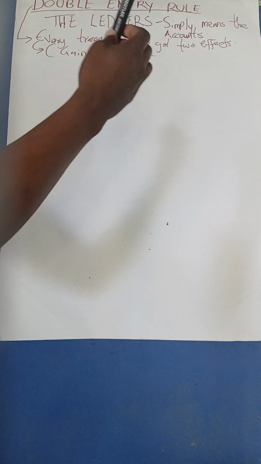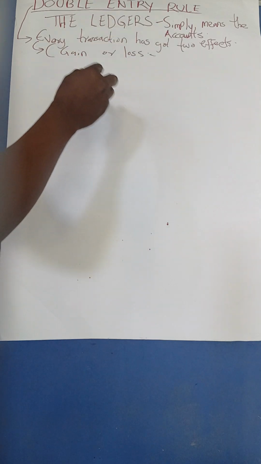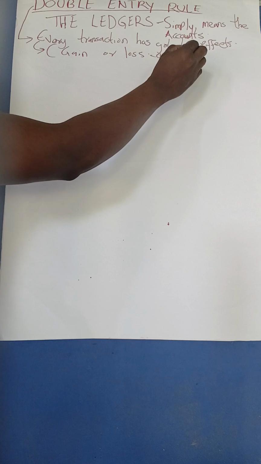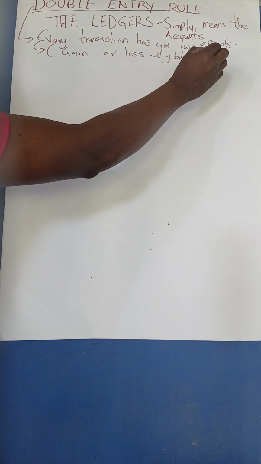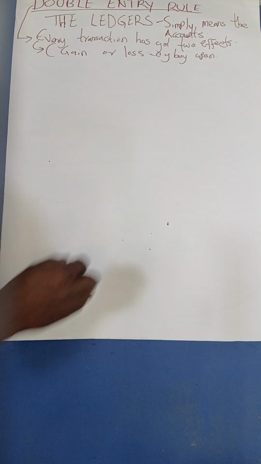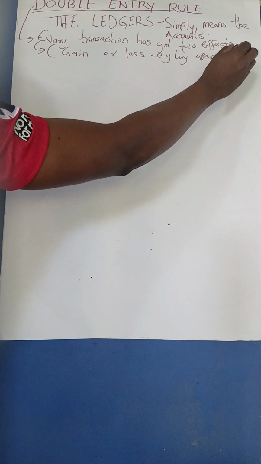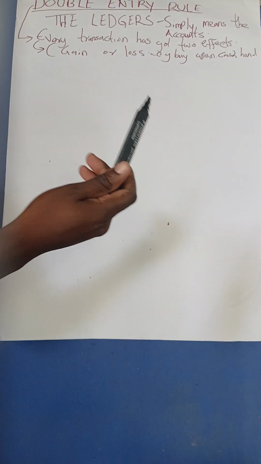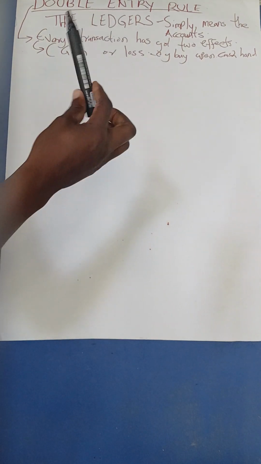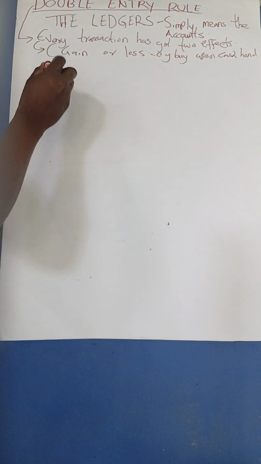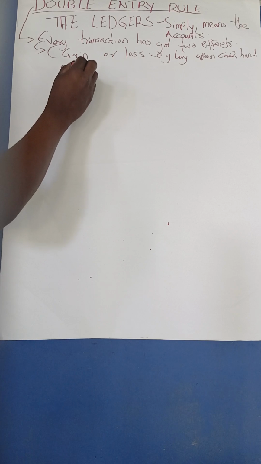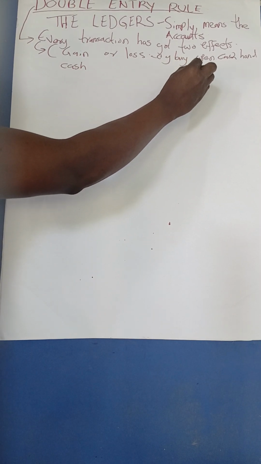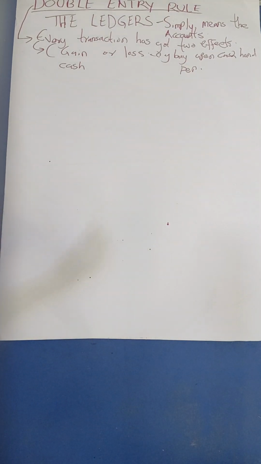When I buy a pen using cash in hand, I will have two accounts with the two effects here: we have cash, and then we have the pen.